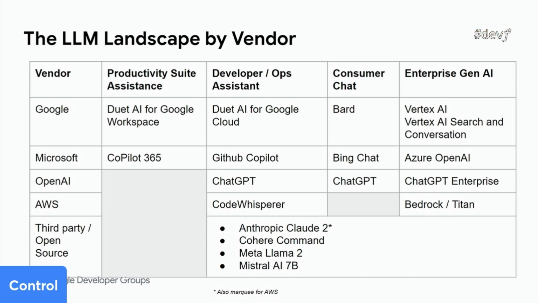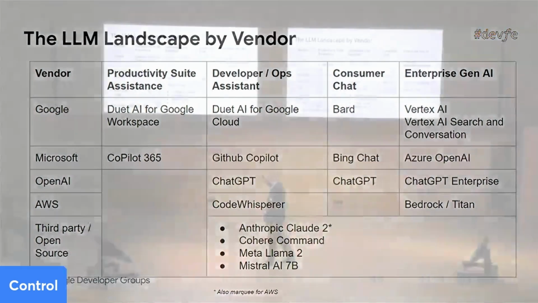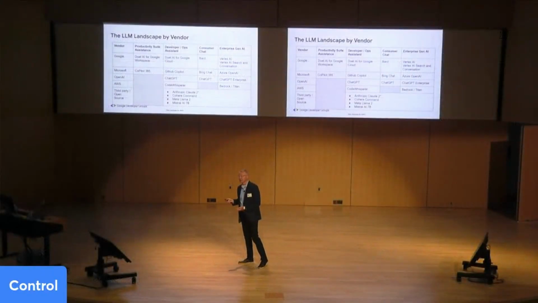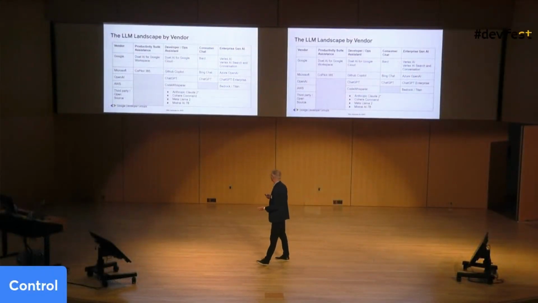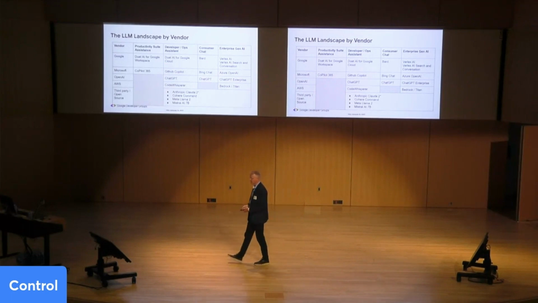And then AI development environment that includes access to large language models and augmented features for creating AI-based applications. So Vertex AI is an example of that. Azure OpenAI and ChatGPT Enterprise is a subset of that as well. And then there are, in addition to the major cloud providers, other players, Anthropic, Cohere, and Meta, as I mentioned before.